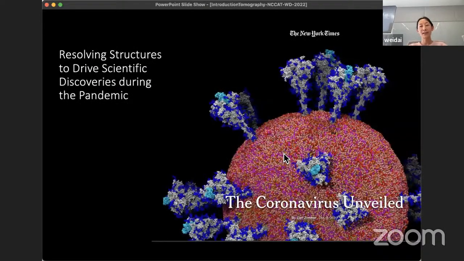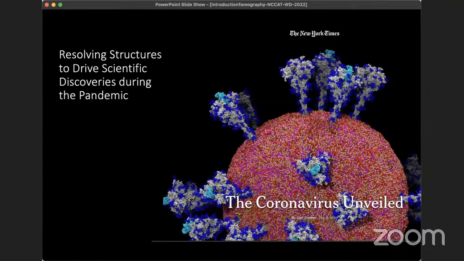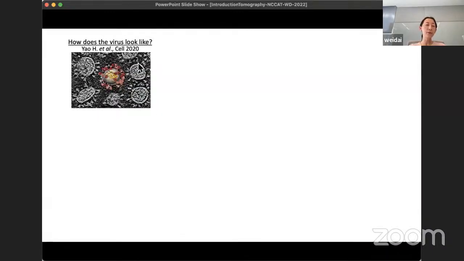Since the pandemic, I always start my lecture from this New York Times article featuring several major scientific discoveries on this particular virus from cryo-electron tomography and cryo-EM. So the first one I'm showing you here is a 3D map. Can everybody see my cursor?